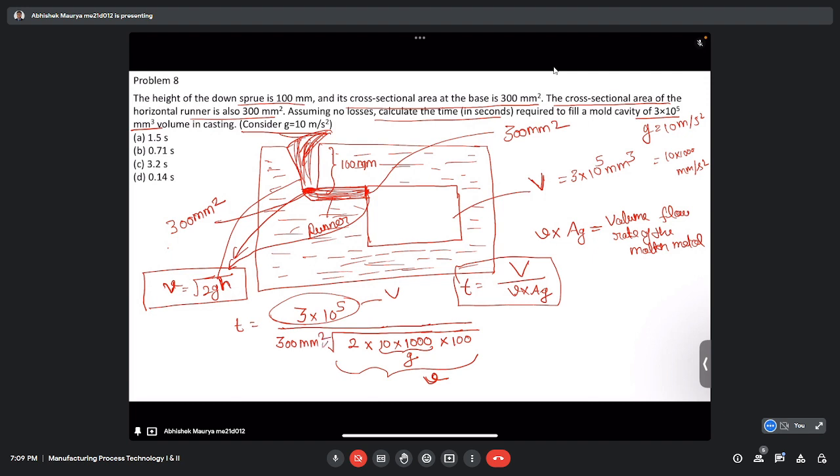Now if we solve it, we will get time directly in seconds, that will come 0.71 seconds. So this is the time for the mold filling. I have explained the answer, so the correct answer will be B. Is it clear to everyone, or is there still some doubt?